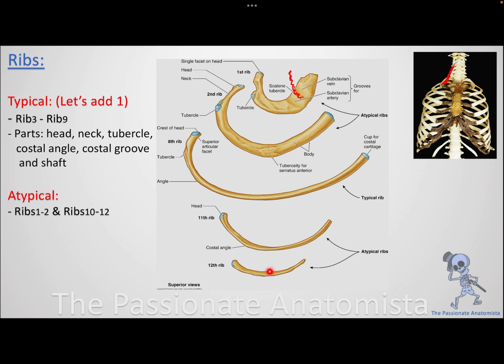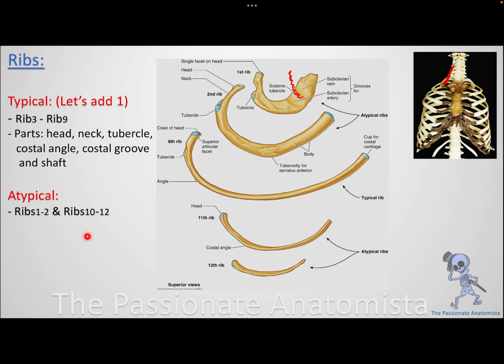So many things. They do have an angle, of course, because that takes me to the shaft, but they don't have the tubercles. They don't have the costal cups, and they are shorter. They are floating. That's why ribs number 11 and 12 are considered atypical. And again, we would consider the one before them as atypical, the same idea as the thoracic vertebrae.